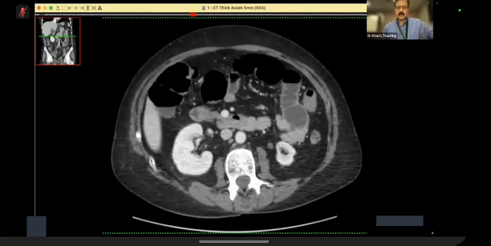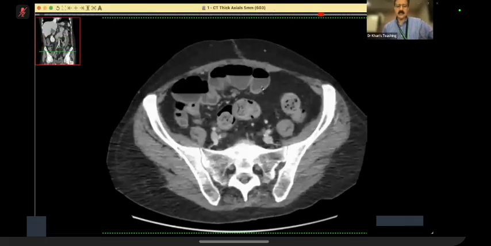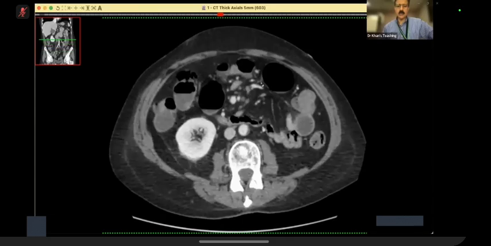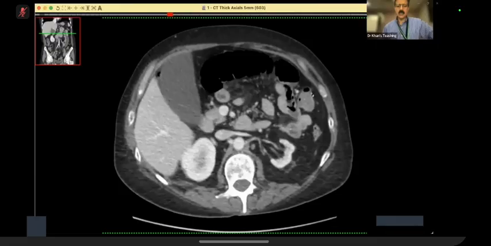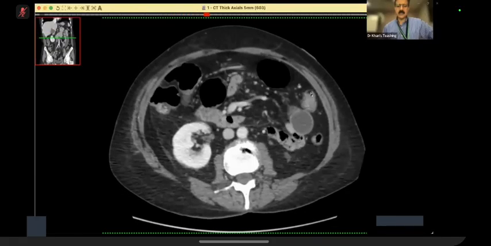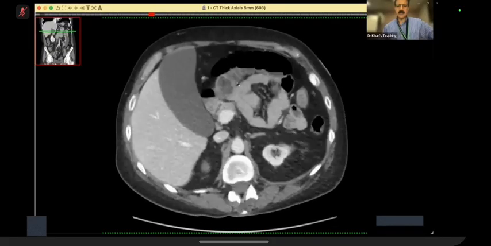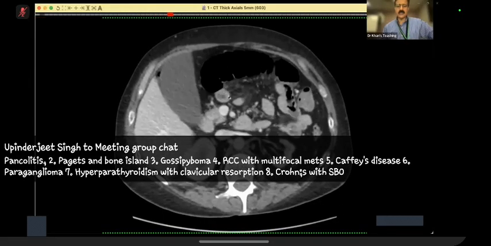Now, if you go here, trace everything on an axial, and in small bowel, as we have highlighted before also, coronal is the best sequence. Even here, for example, once you pick up a dilated loop, try to trace it.